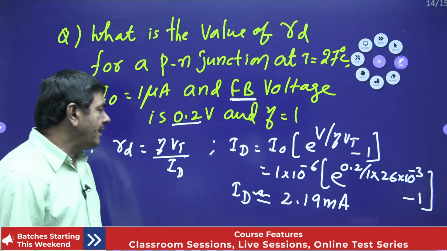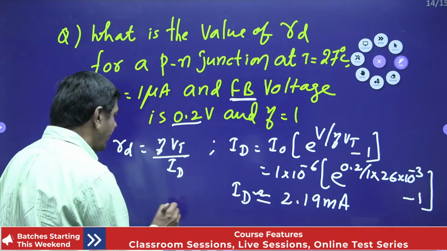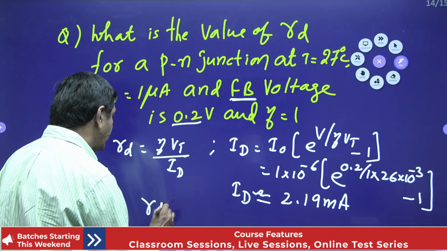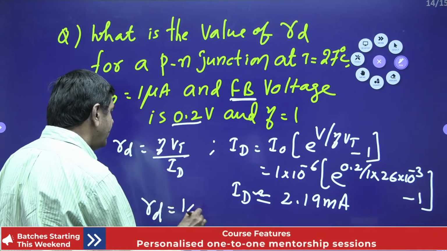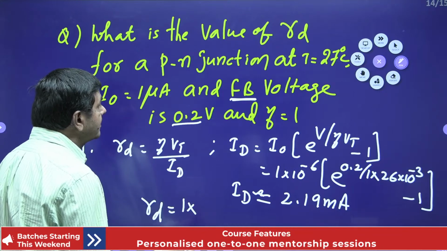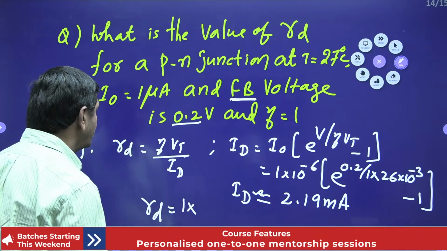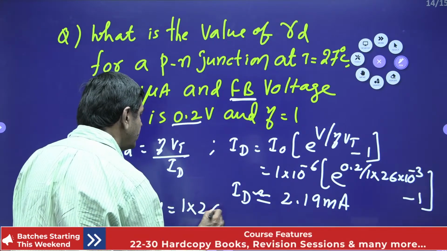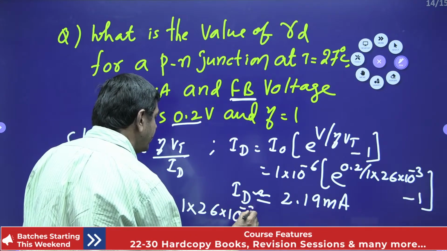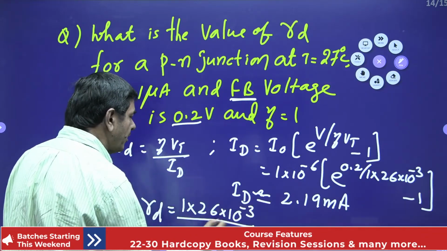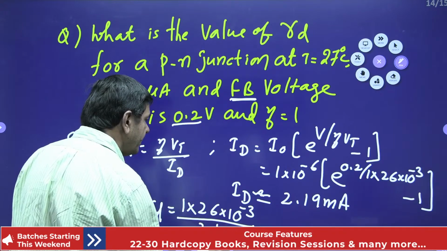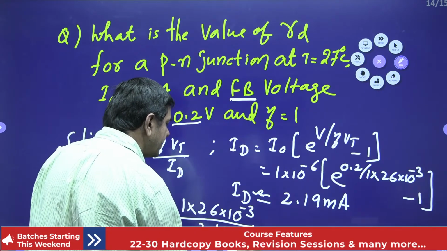Once you have the value of the diode current, you can find RD directly. RD equal to how much? Eta is 1. Vt is nothing but 26 milli, we know. Divided by the diode current, which we got as approximately 2.19 into 10 power minus 3.